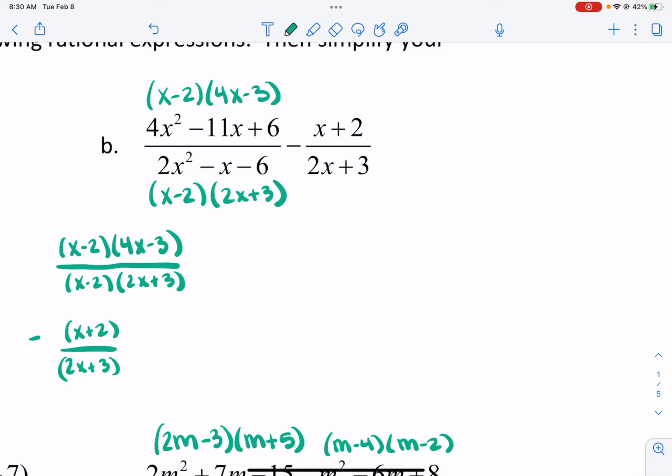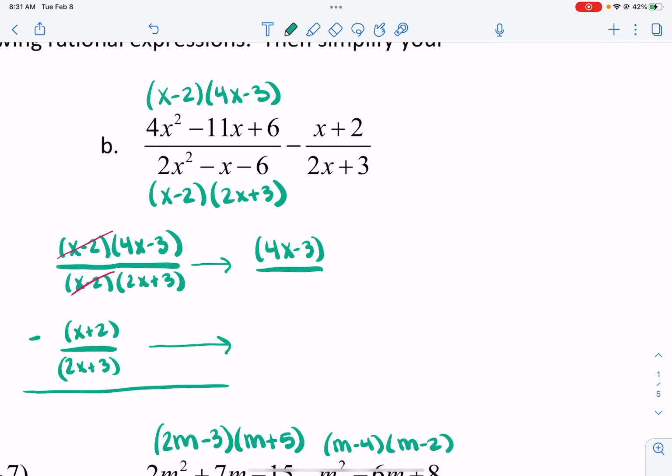Something I think you should do first, before we totally change everything, take notice that we could cancel these x minus 2's, and now we already have the same denominator. So this can become 4x minus 3 over 2x plus 3, minus x plus 2 over 2x plus 3.